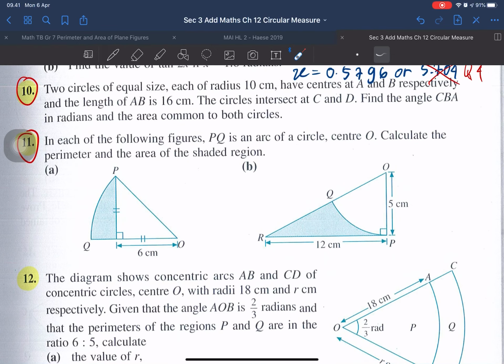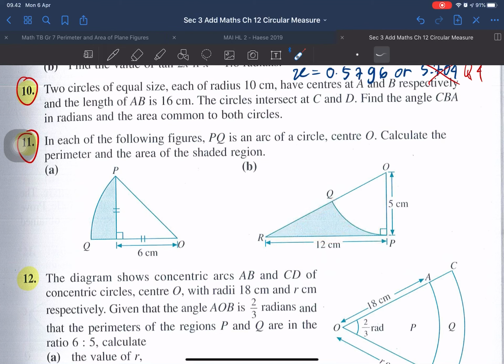Perimeter and shaded region. Perimeter just is the S plus the height, which is 6, and this, look at this part. Remember, this is radius, this is also radius, so get the radius first. Radius minus 6. Okay, to get this radius, just Pythagoras. This plus that plus that.